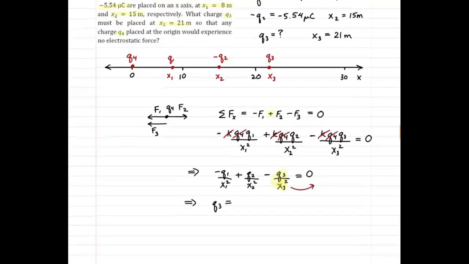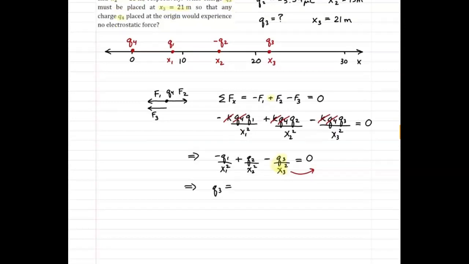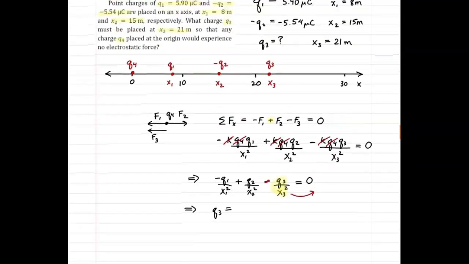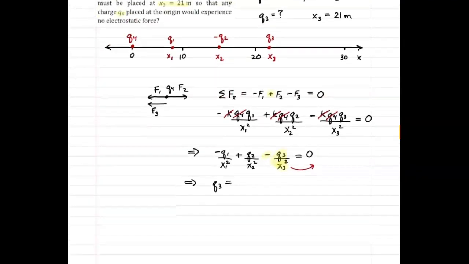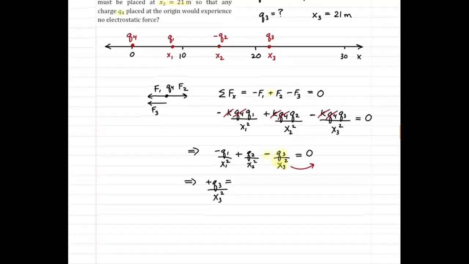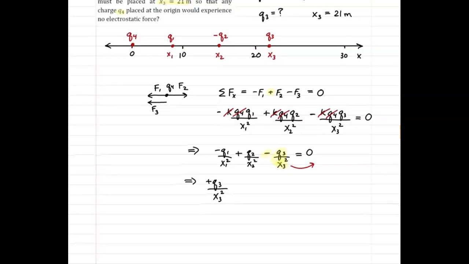Bring it to this side, and when you do that, the minus sign, so we'll have positive Q3 over X3 squared equal to what's left over, minus Q1 over X1 squared plus Q2 over X2 squared.